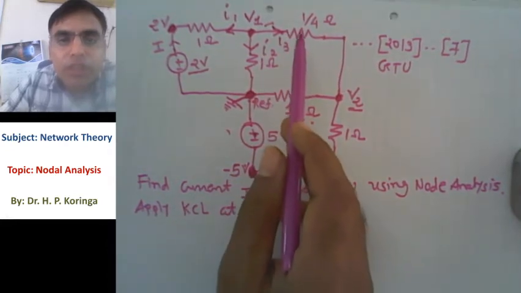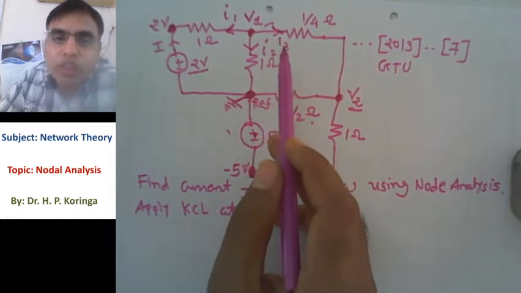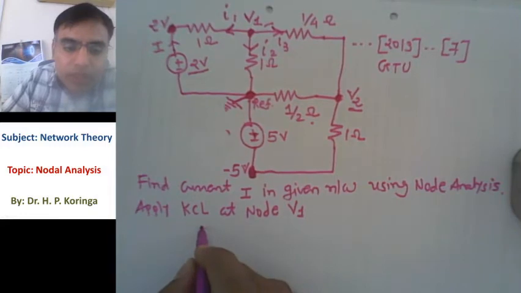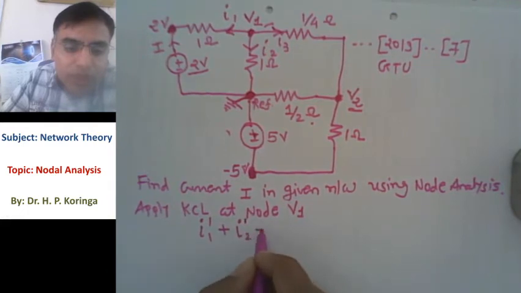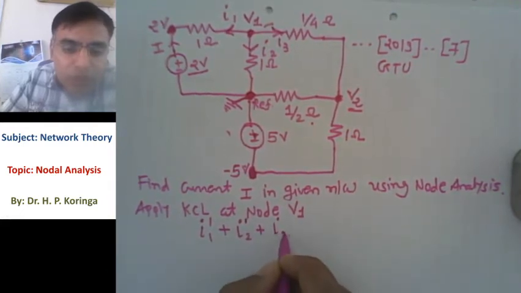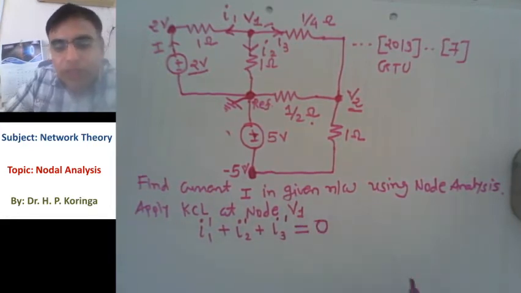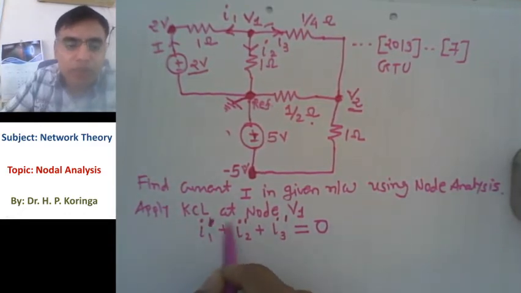The third branch is the 1 upon 4 ohm resistance branch, and the current through it we have assumed as I3. All currents are assumed in the outgoing direction from the node, so outgoing current addition is equal to incoming current addition. There is no incoming current, so it is 0. So I1 plus I2 plus I3 is equal to 0.